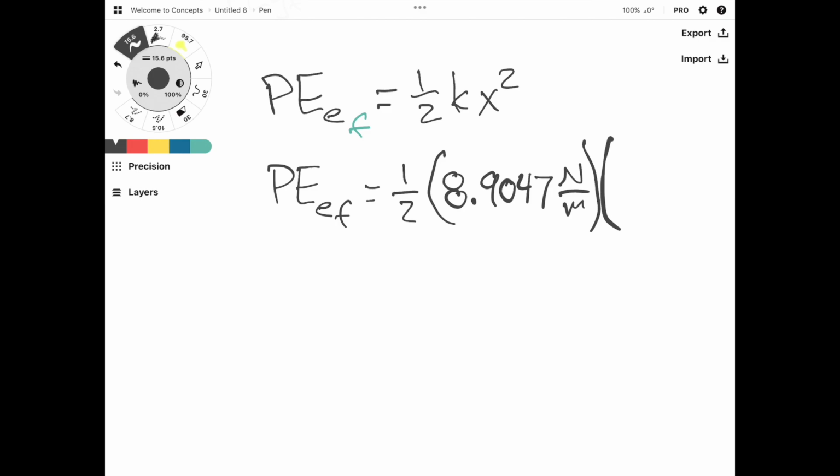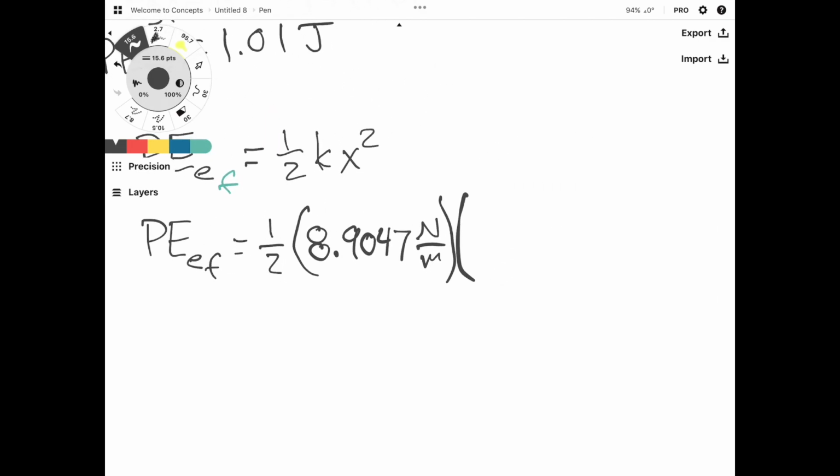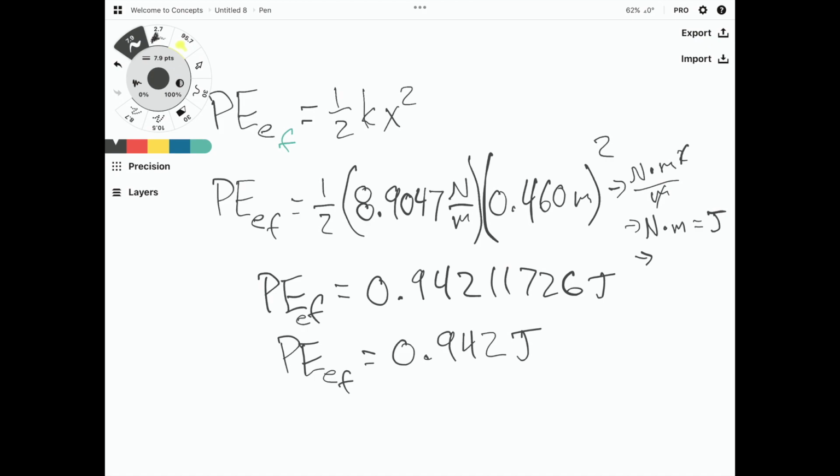And my displacement is 0.460 squared. When I do this in my calculator, I get 0.9421176, rounding it to 3 significant figures.